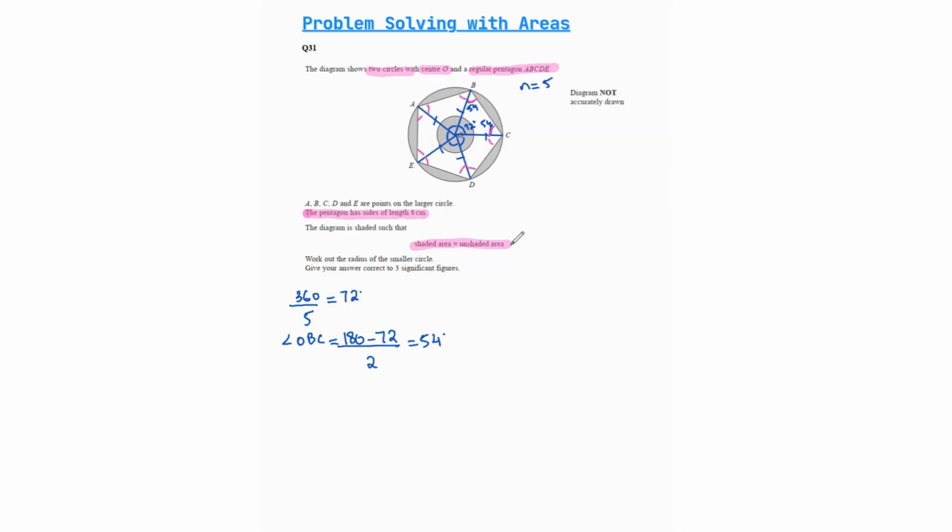Okay. So to find the shaded area, if you look at one sector, let me just make that separately over here. B, O, C. And then we have this over here like this. And then we have another circle over here. We have this as 54.